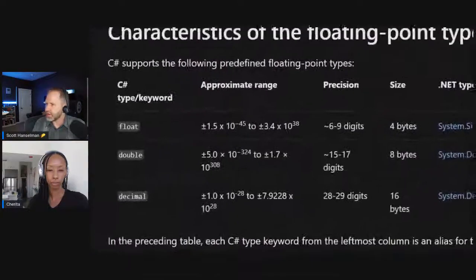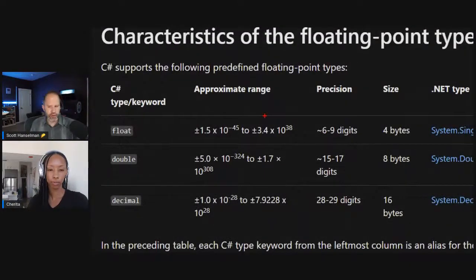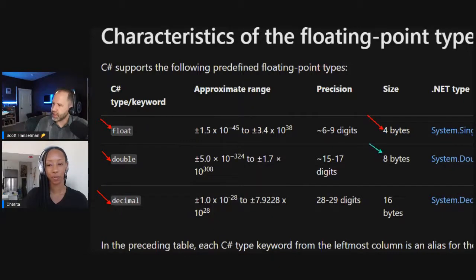There's all these different numbers. Once you get into numbers, things get really complicated. Strings are easy, but numbers are stressful. You want to have a number. How much number do you want? If you have a float or a double or a decimal, it takes up more and more size. 4 bytes, 8 bytes, 16 bytes. You probably don't want to put someone's age in a decimal because no one's age is 28 digits long, right?